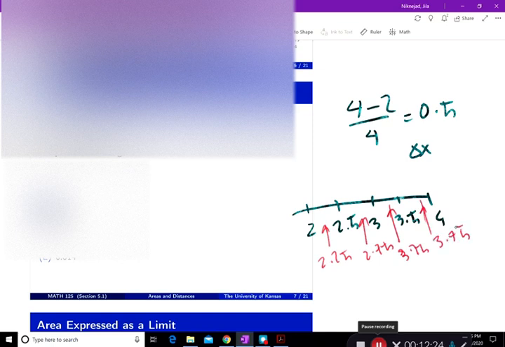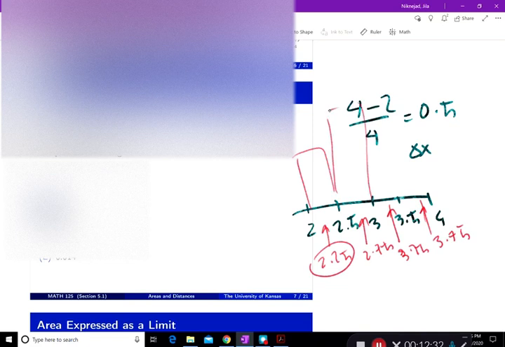Now each one of these, you have to plug into 1 over x and get the height of the rectangle, another height of the rectangle, another height of rectangle. Actually the rectangles are getting smaller in here, and so another rectangle, and you add them all together. And so basically each rectangle is 0.5 times the height.